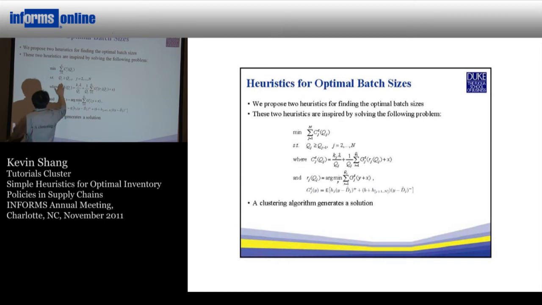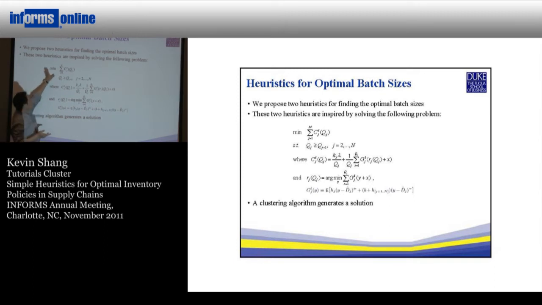And here the constraint in the original problem should satisfy the integer ratio constraint, right? So let's try to relax it. Instead of solving with this integer constraint, let's just solve with this linear inequality constraint. And it turns out solving this problem is not that bad. There are clustering algorithms that can help us efficiently generate a solution. The clustering algorithm is a typical optimization technique, basically a result of KKT conditions.